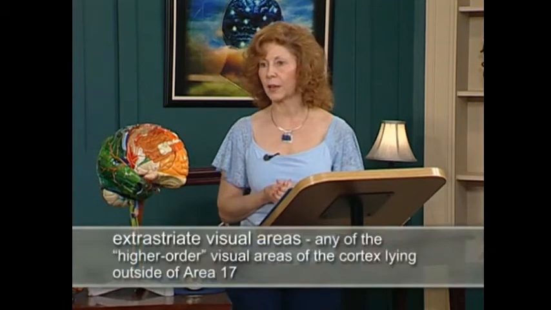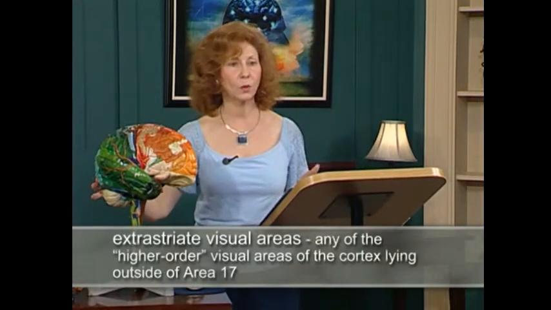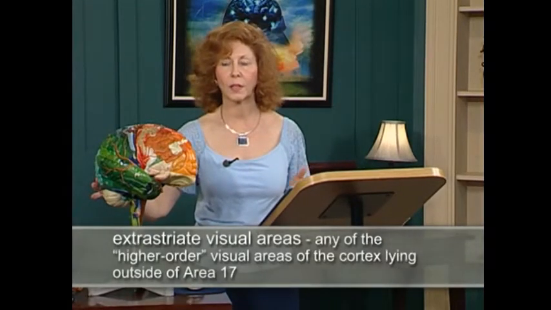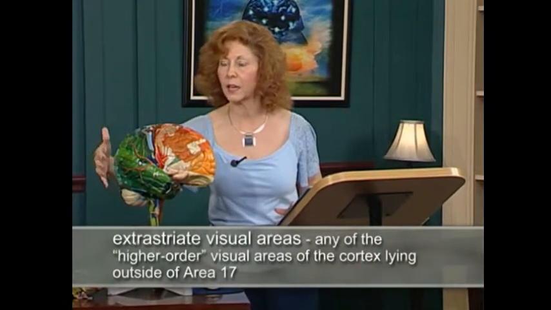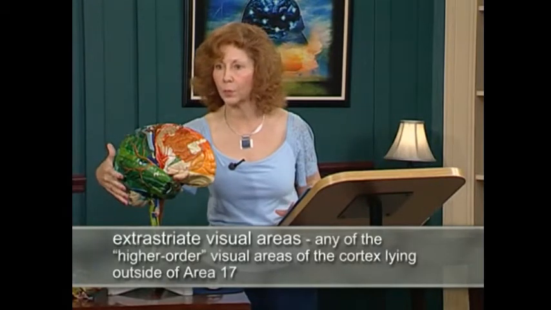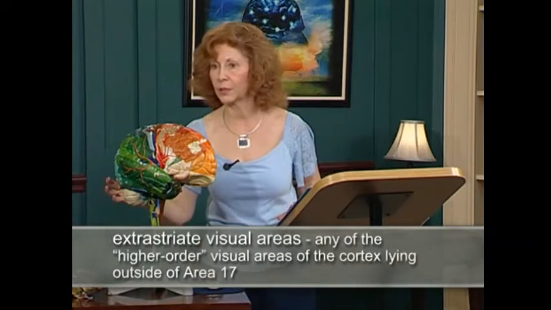First of all, let's make sure that we all understand what it means to talk about these extrastriate visual areas. Remember, area 17 is also called the striate cortex. So extrastriate cortex is any visual cortex in occipital, parietal, or temporal lobes that processes visual information outside of area 17. So let's look at some of the disorders that occur when you have lesions in these extrastriate areas.